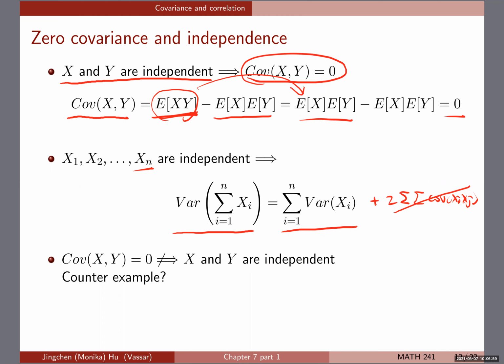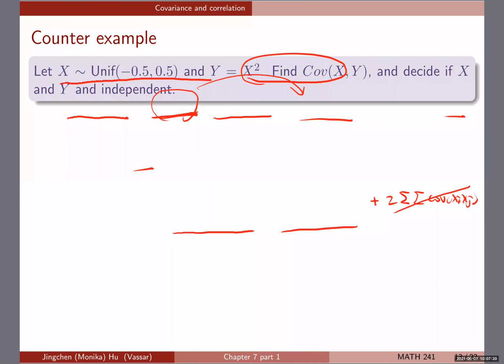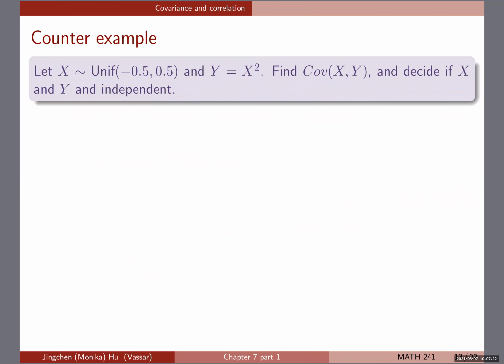Whenever you're trying to show x and y are independent, you have to go back to the definition: the joint CDF is the product of the marginal CDFs, or the joint PMF is the product of the marginal PMFs, or the joint PDF is the product of the marginal PDFs. So, a counterexample. Let's take time to think about what a counterexample could be.